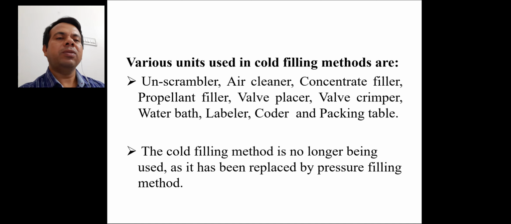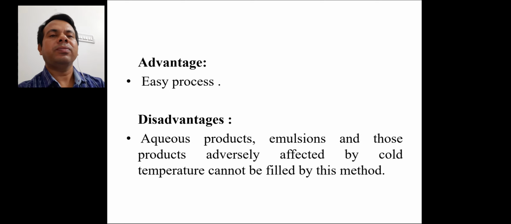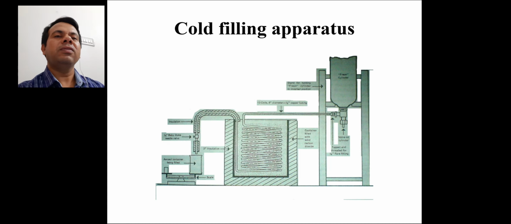The cold filling method is no longer being used as it has been replaced by pressure filling method. Advantage: it is a very easy process. Disadvantage is aqueous products, emulsions, and those products adversely affected by cold temperature cannot be filled by this method. This is the assembly for cold filling apparatus.